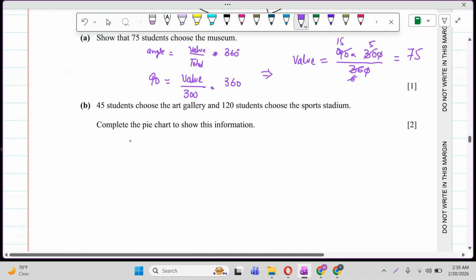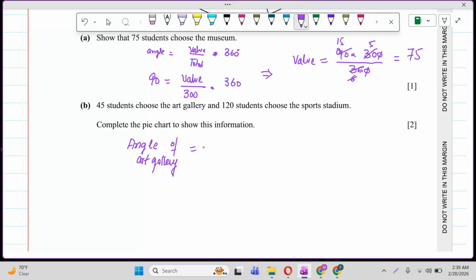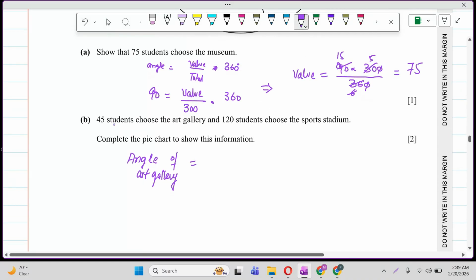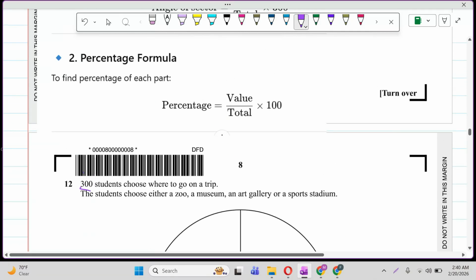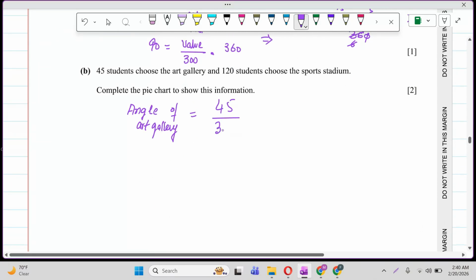So angle of art gallery is equal to the number of students for the art gallery, which is 45, divided by total students, which is 300, multiplied by 360. This will be equal to 54. So the angle of art gallery is 54.